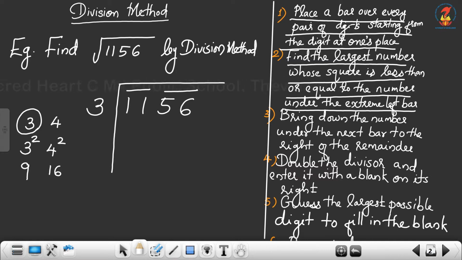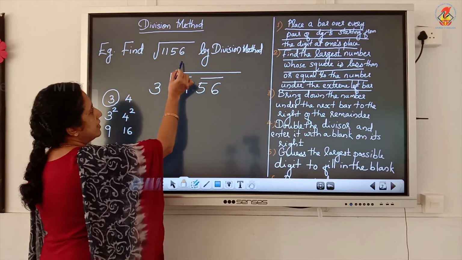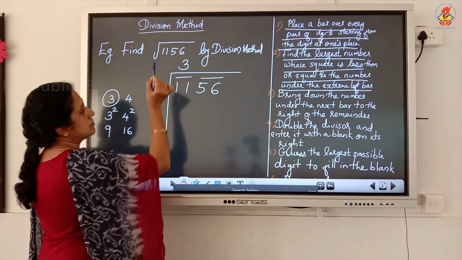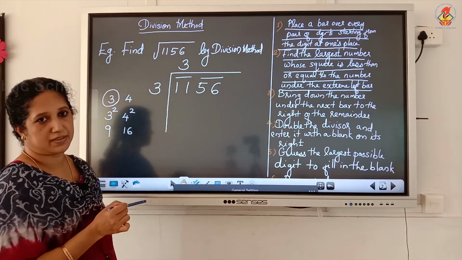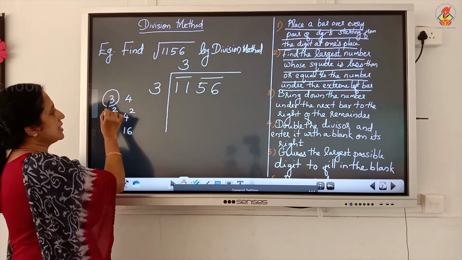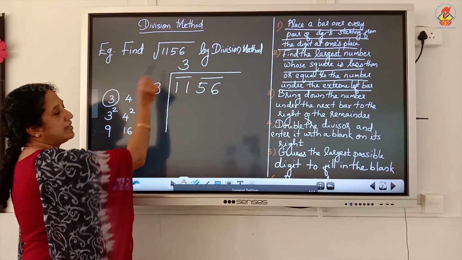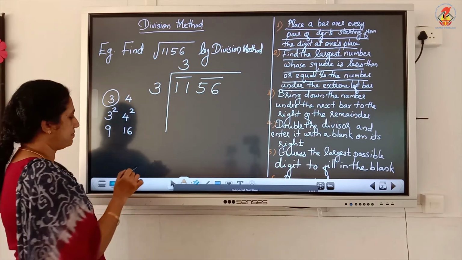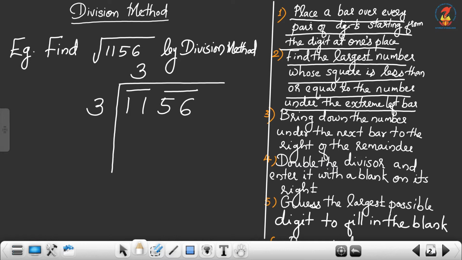3 is the divisor. Then write the 3 as the first digit in the quotient. So take this 3 as the divisor and the quotient. Next, 3 into 3 is 9, write under 11. Draw a line. Then subtract, 11 minus 9 is 2.